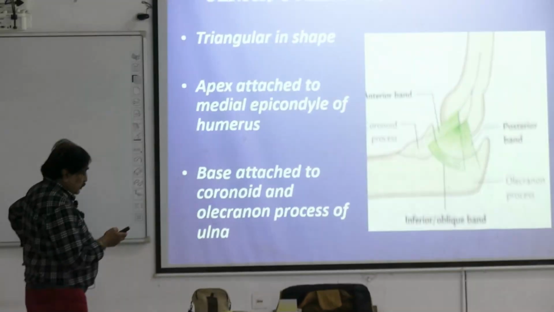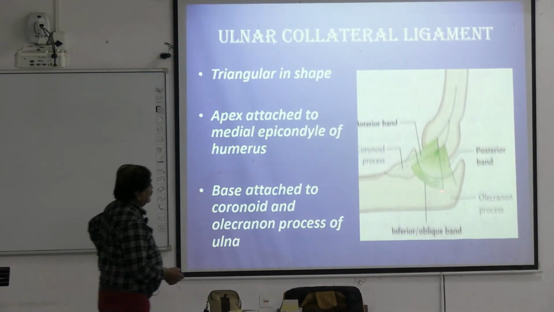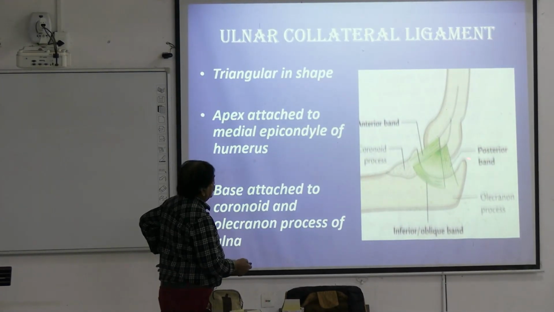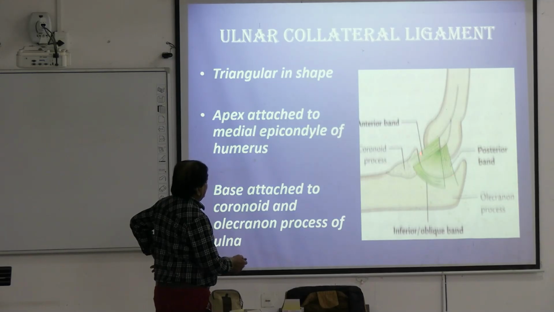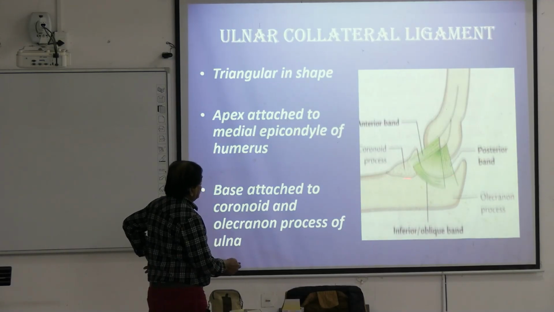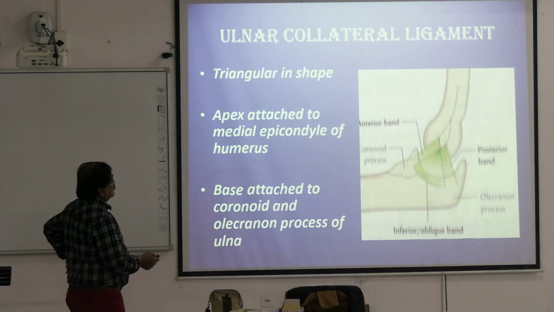Now, the ulnar collateral ligament is triangular in shape. The posterior band, the olecranon process, the anterior band, and the coronoid process here, the inferior oblique band. The apex is attached to the medial epicondyle of the humerus here.